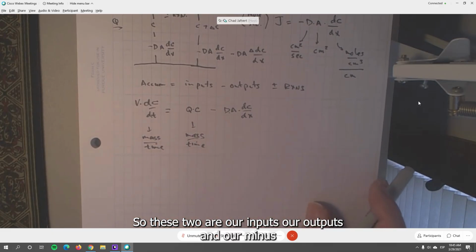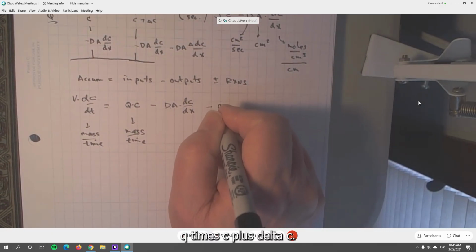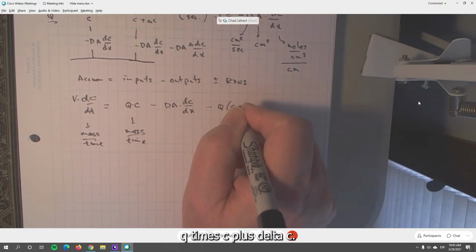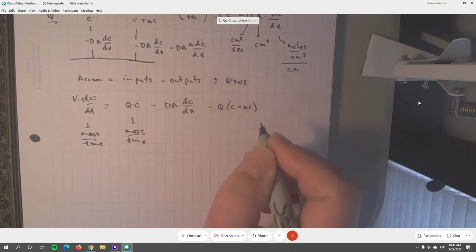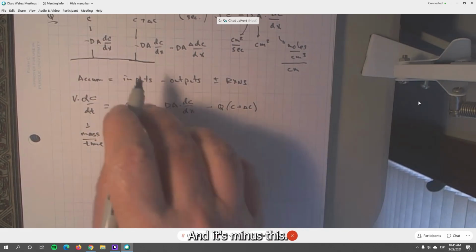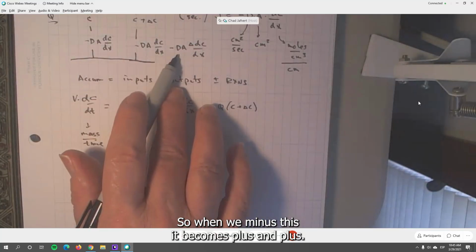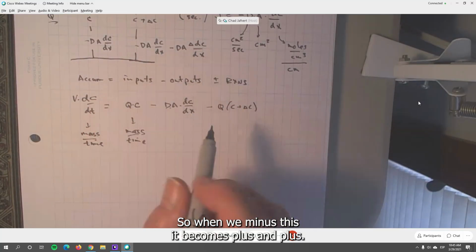So these two are our inputs. Our outputs then are minus Q times C plus delta C. And then our other output is this term. And it's minus this. So when we minus this, it becomes plus and plus.